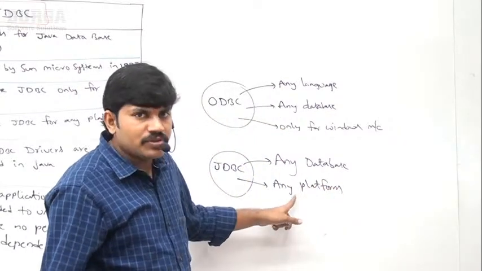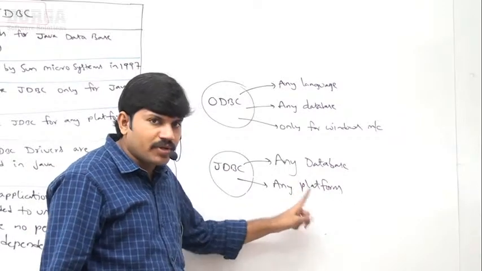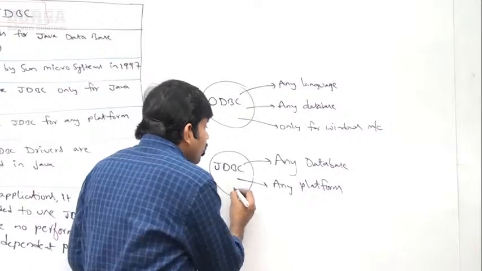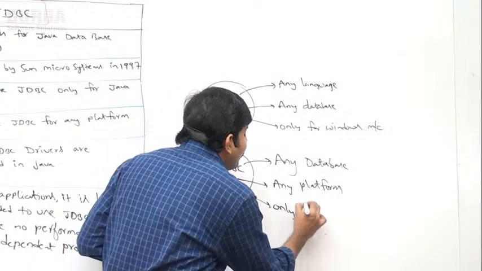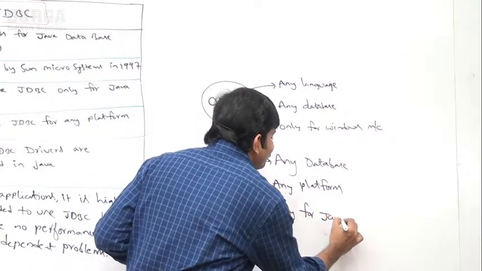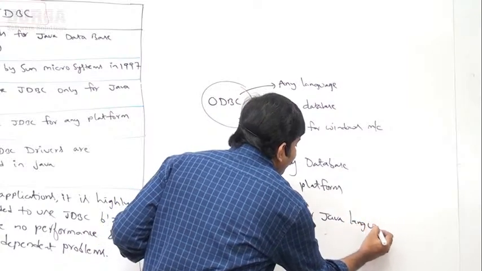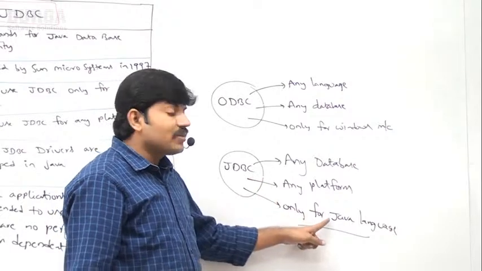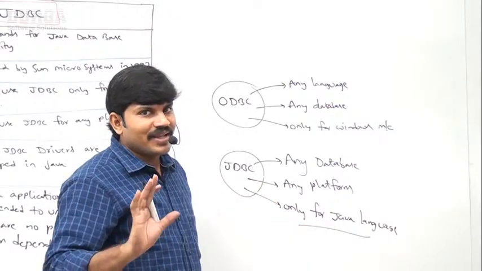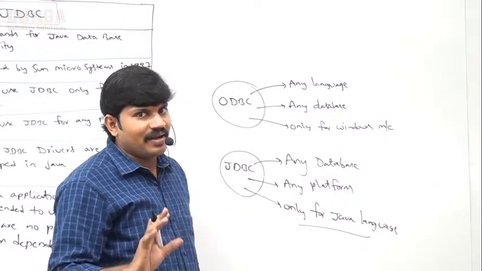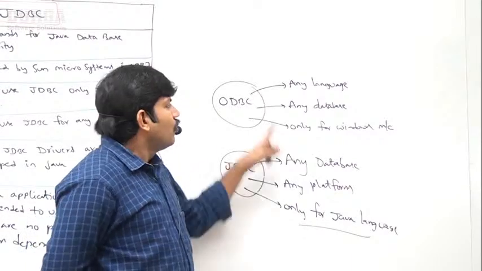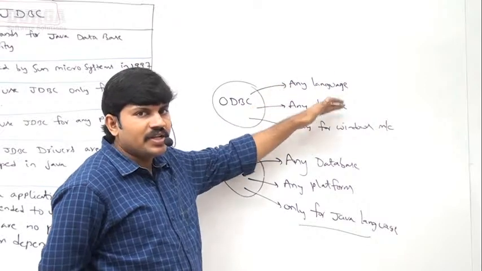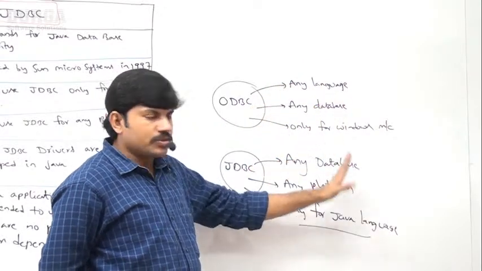You can use it for Windows, Linux, Unix, Solaris, any platform, but only for the Java language. Observe, because they need to promote their language, right? So take special care of their business strategies internally, right? The ODBC concept is applicable for any language, for any database, but only for Windows machines.